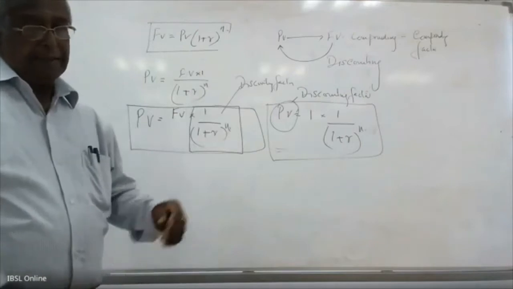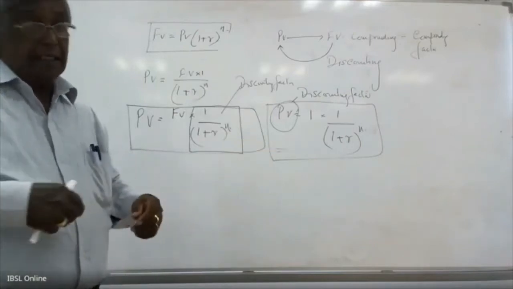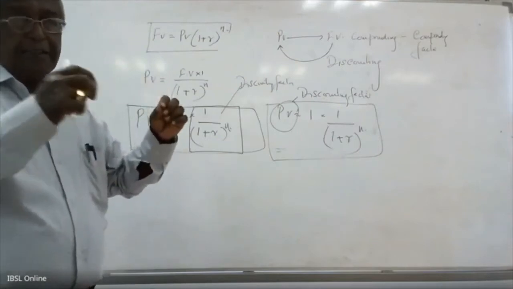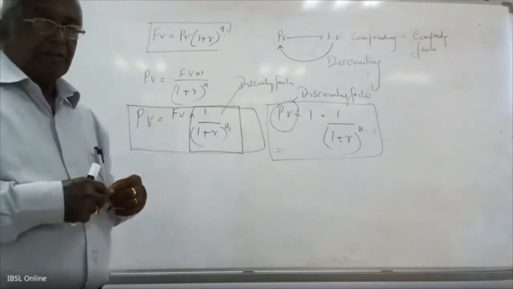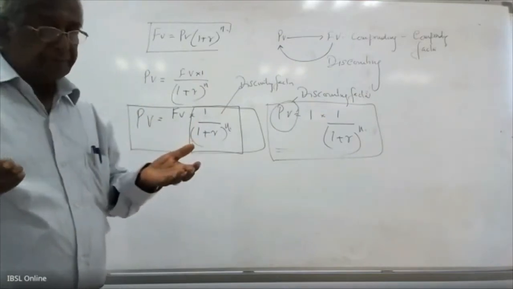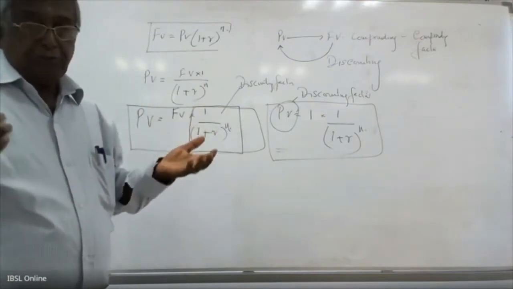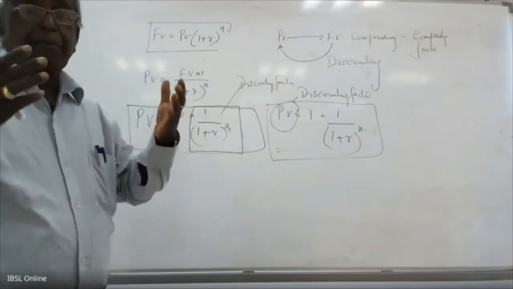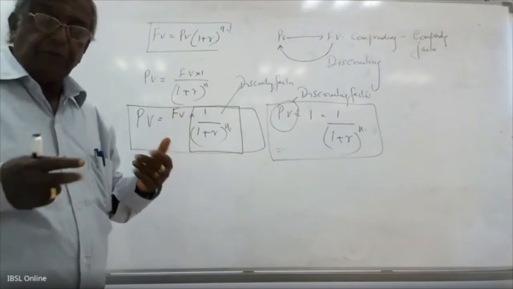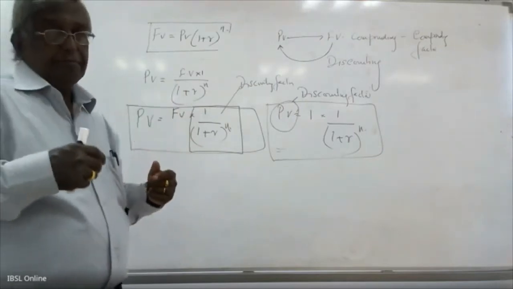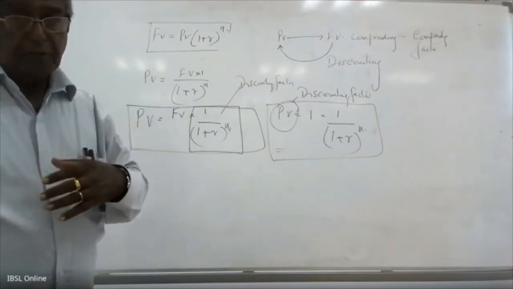Now, in the exam, there may be theory questions. What do you understand by time value of money? You have to explain by giving an example. I have given you an example. Then you have to mention what is present value and what is future value of money, with an example.